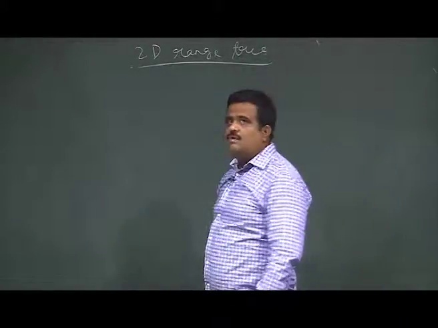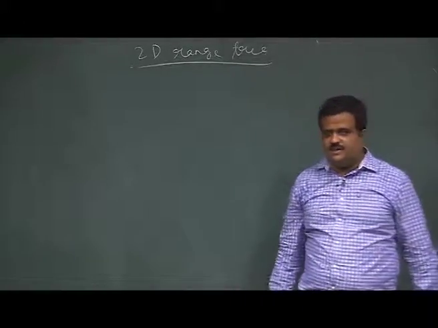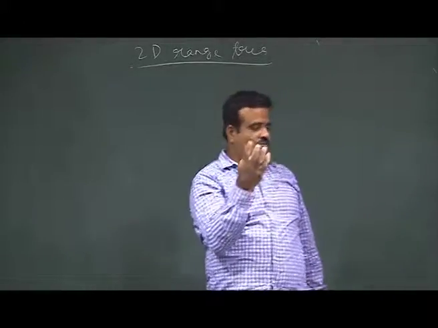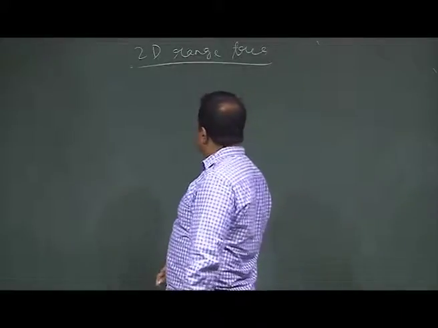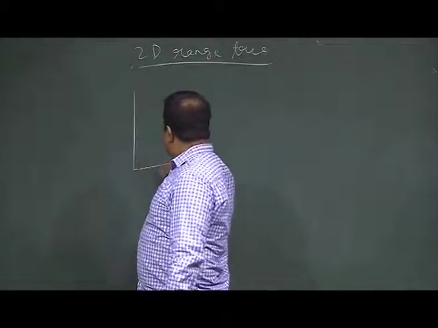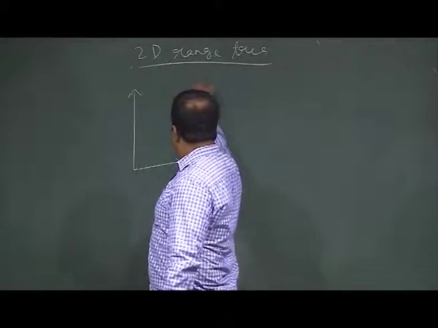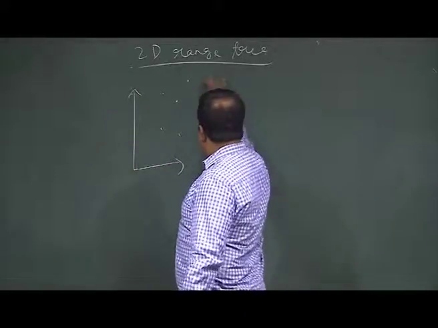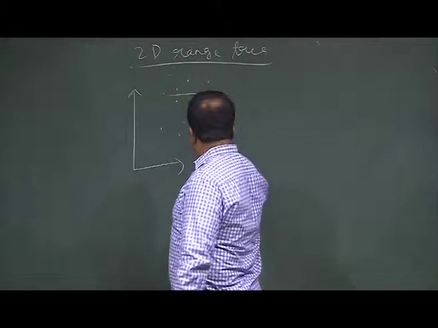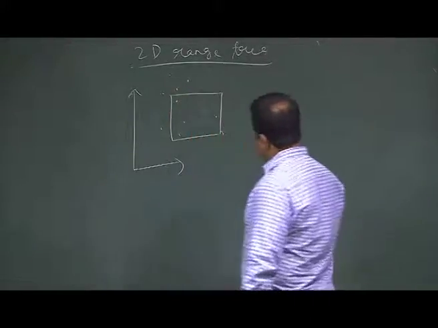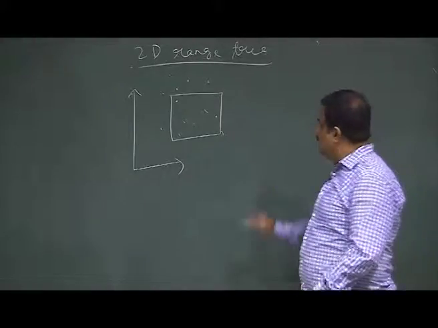We have seen the 1D range tree. Now, how can we extend this for 2D? 2D range search means we have 2 dimensional points, and we have a rectangular box, a rectangle.